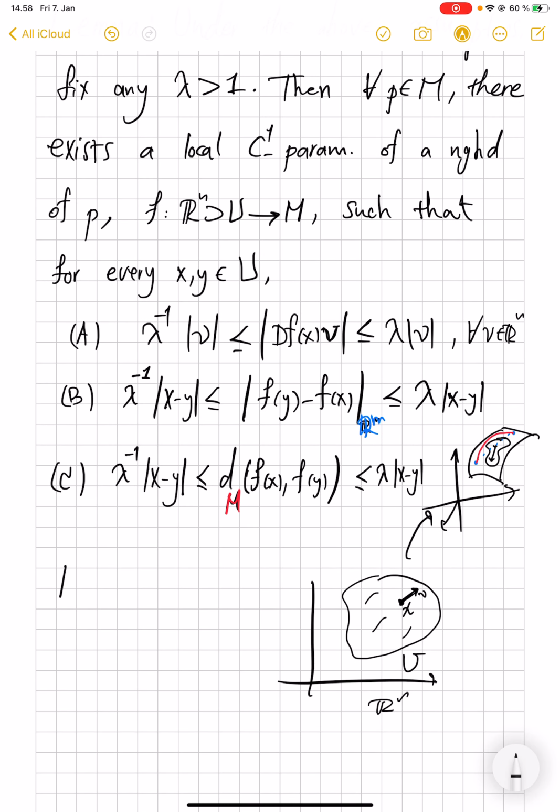So M has two metric structures on it. As a metric space, we can talk about two different metric space structures.